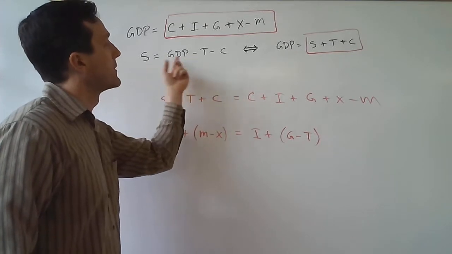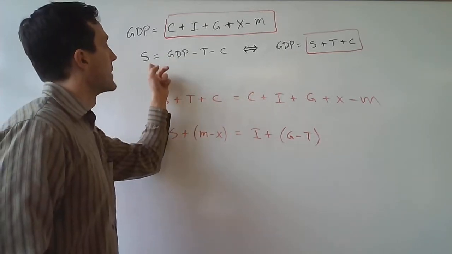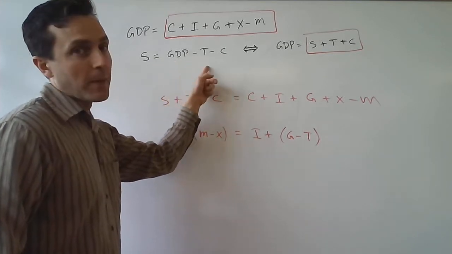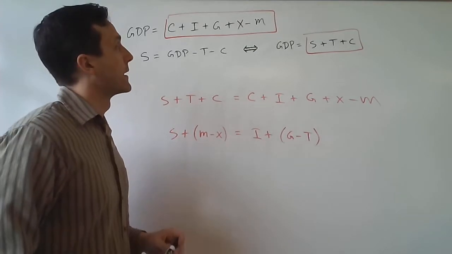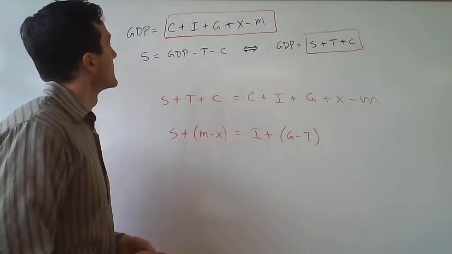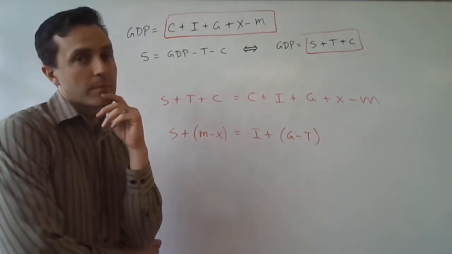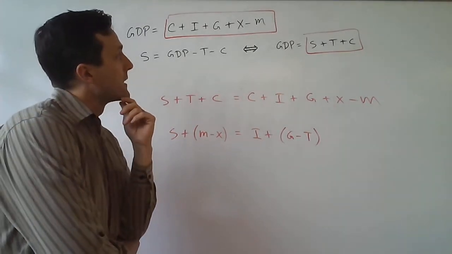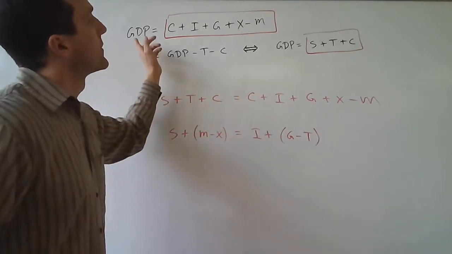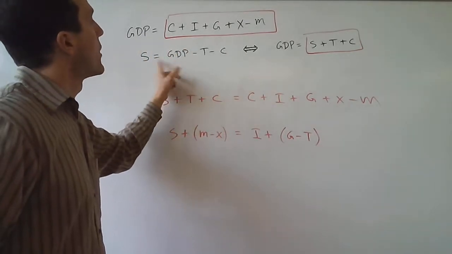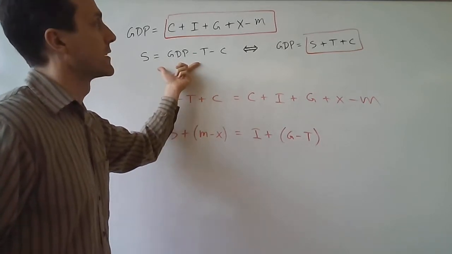And then to find savings, we subtract off consumption spending from that. So private savings equals GDP minus T minus C, right? Minus tax revenue and minus consumption spending, right? So looking at these two equations, the way I like to go about from here is to solve for GDP in this second equation, the definition for private savings, right?